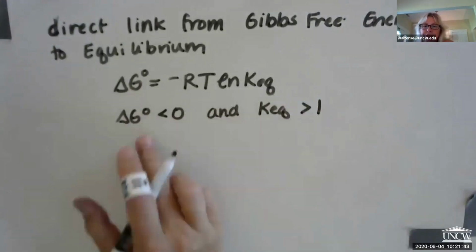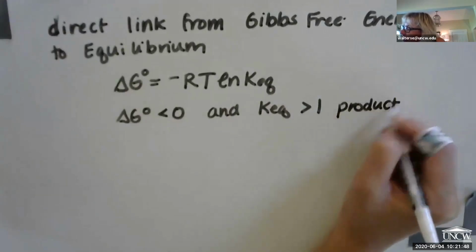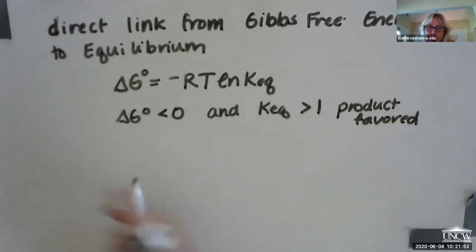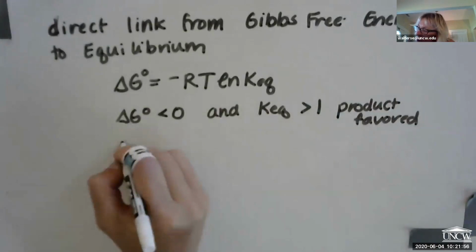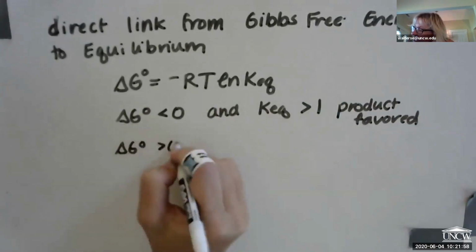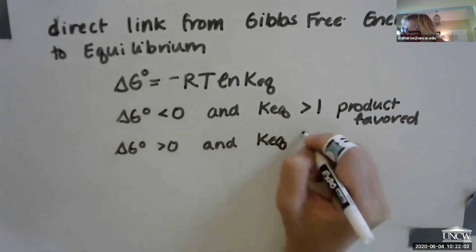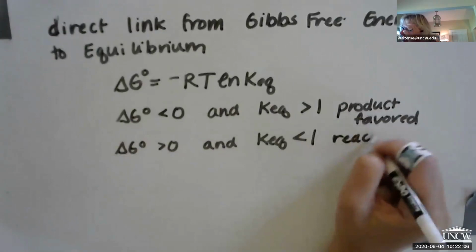Both of these things tell you product favored, so the reaction will proceed towards the right as written. When your delta G naught is positive, that means your equilibrium constant will be less than 1 and it'll be reactant favored.